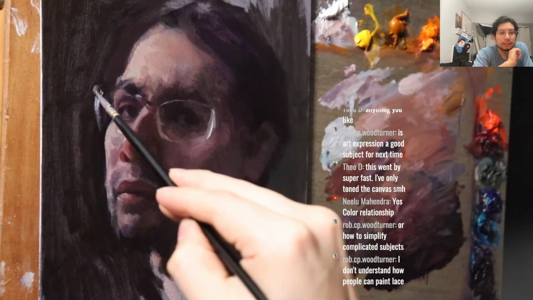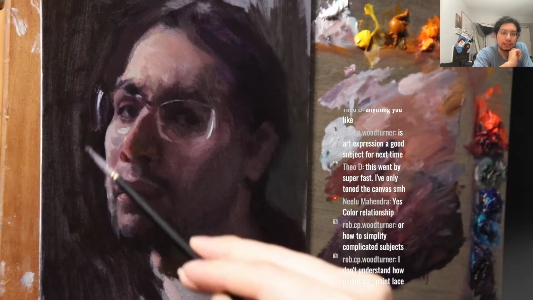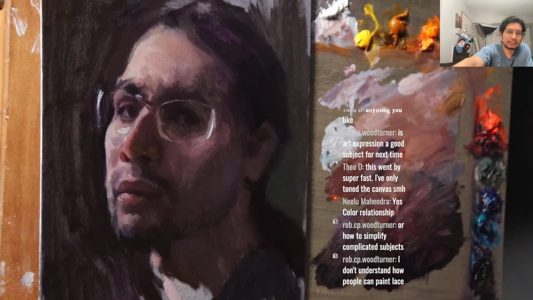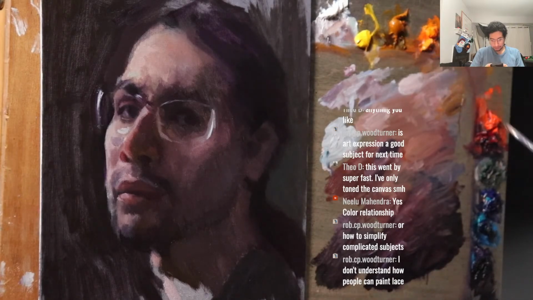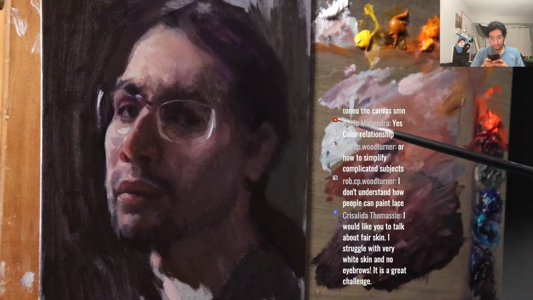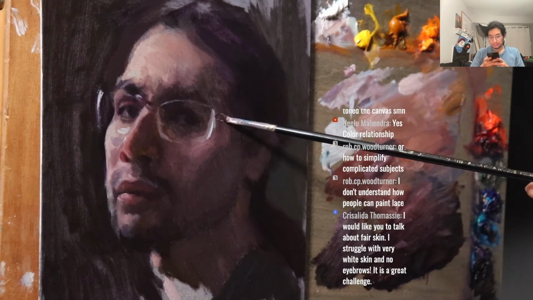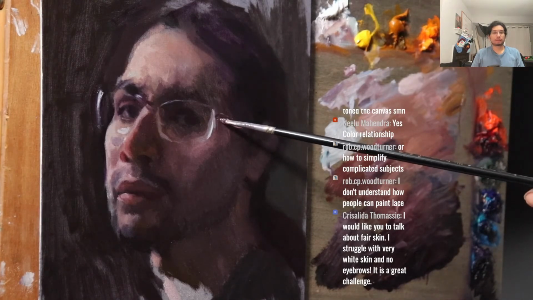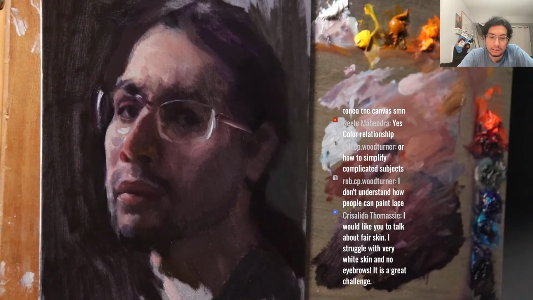Rob CP, you don't understand how people can paint lace. Lace? What, like shoelaces? I've got to look that one up. Oh, that's what you mean by lace. You mean like on a bluegill or something like that. Yeah, I see what you mean.